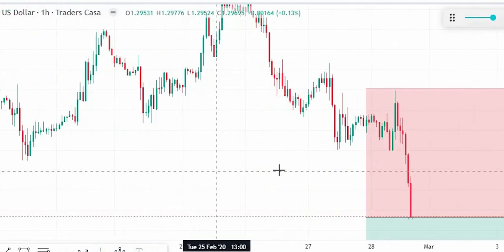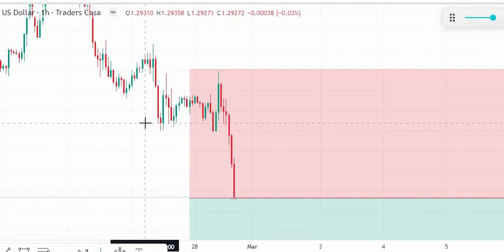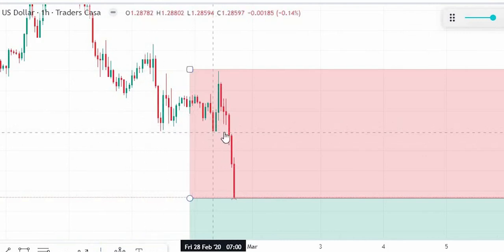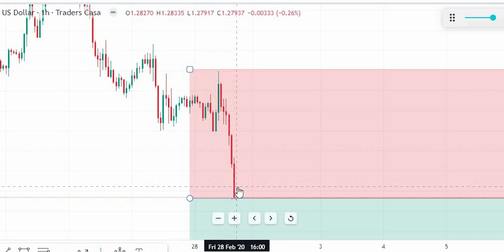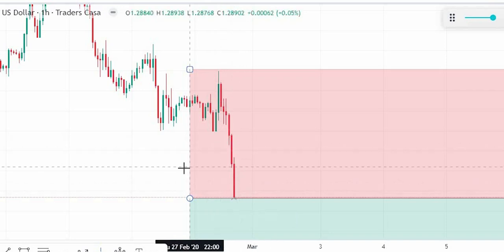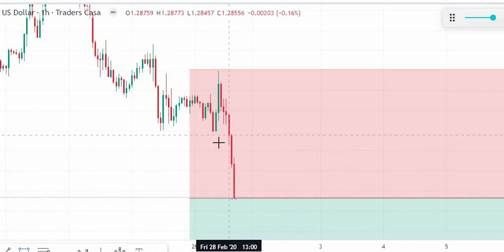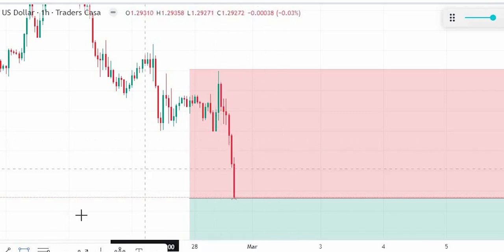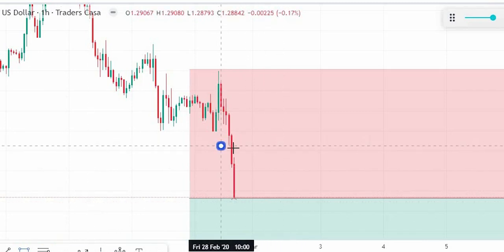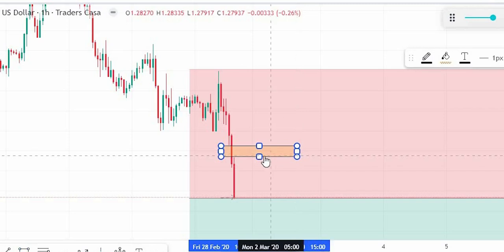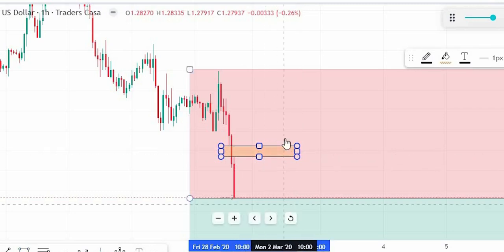And this is it right here. The market breaks below this zone, and the market can reverse up to this zone, fill the fair value gap and continue downward.